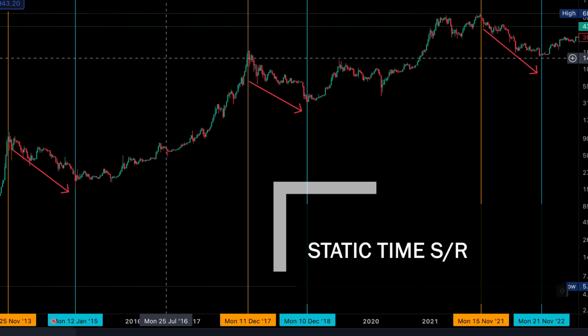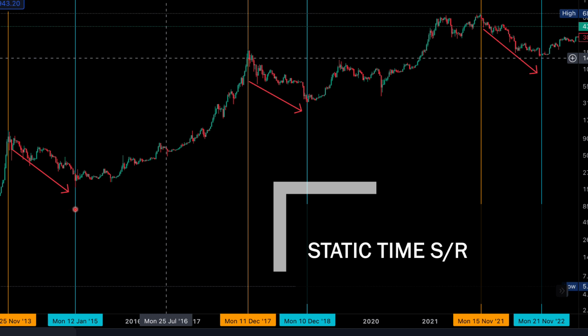This is a static support and resistance level on the time axis. Why? This is the Bitcoin Brave Liquid Coin Bitcoin index chart, and you can see that there is a pattern in Bitcoin, meaning mainly that Bitcoin is topping between November and December, and it is bottoming between December and January.